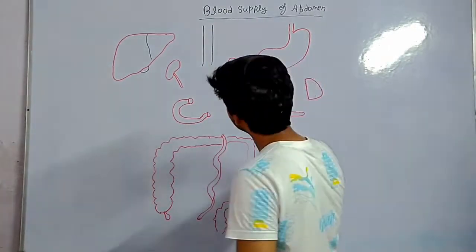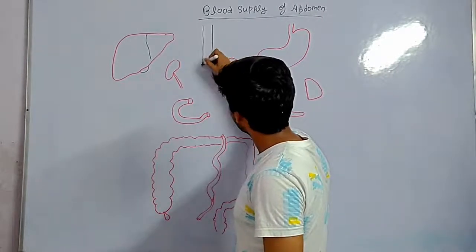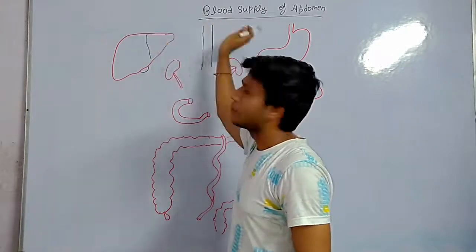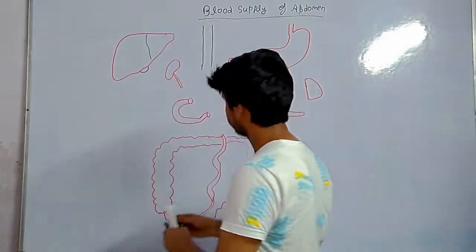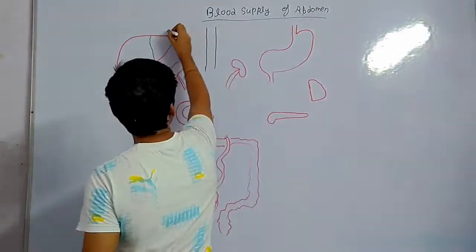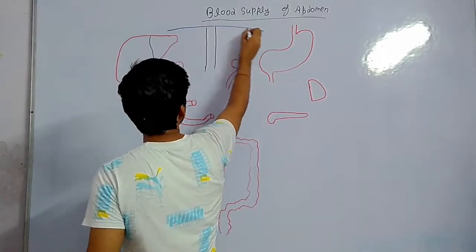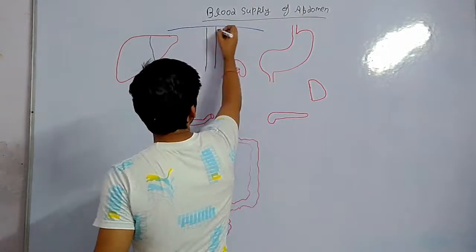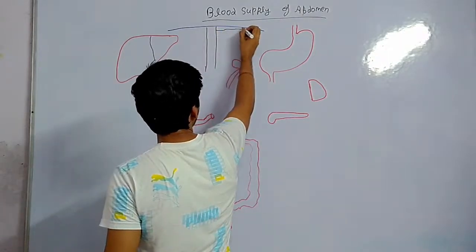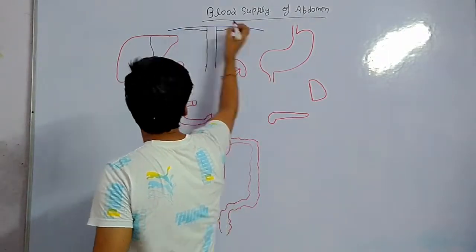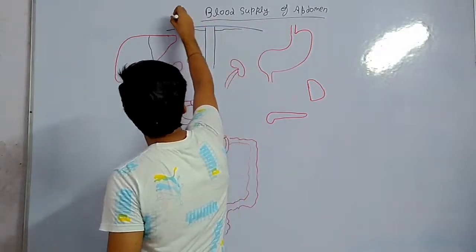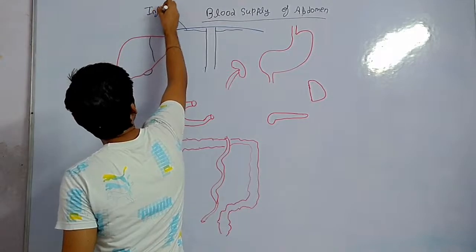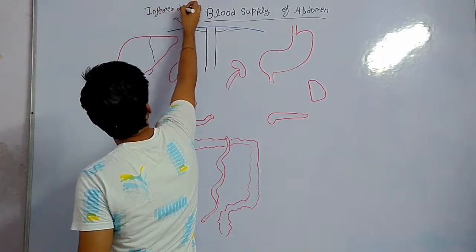First the abdominal aorta enters the abdomen. In the upper side there is the diaphragm. Here is the diaphragm. The first branches of the abdominal aorta are the inferior diaphragmatic branches.